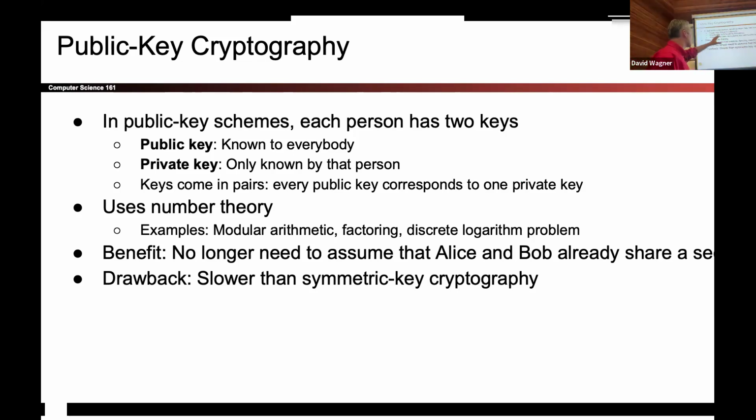And to construct these, we're going to need some fancy math, number theory, all sorts of stuff. I'm not going to try to teach you all the number theory. I'll give you a sense of how they work, but it's a deep and rich area with lots of mathematics. The benefit is Alice and Bob are going to be able to communicate without having to have shared a secret in advance. So much more practical. And the drawback is it's slower.